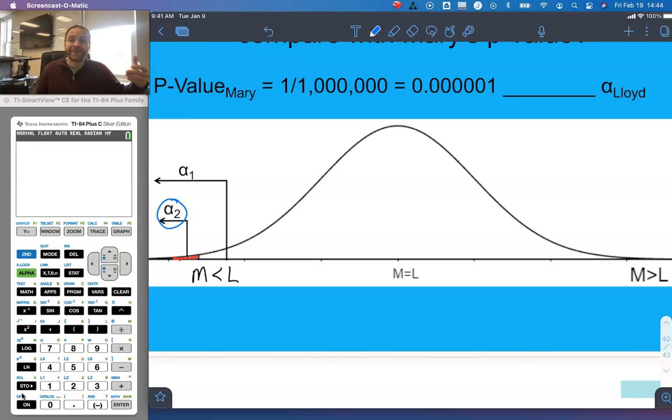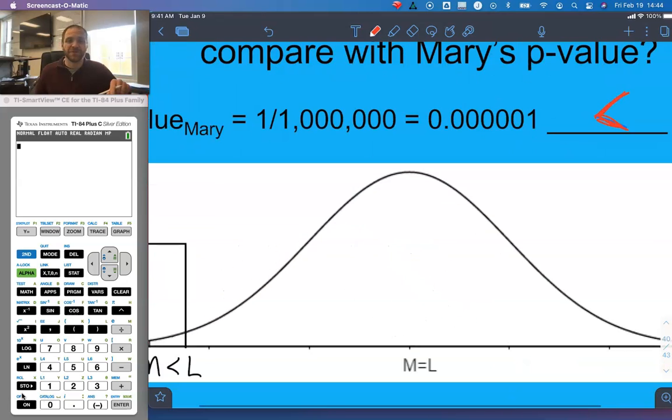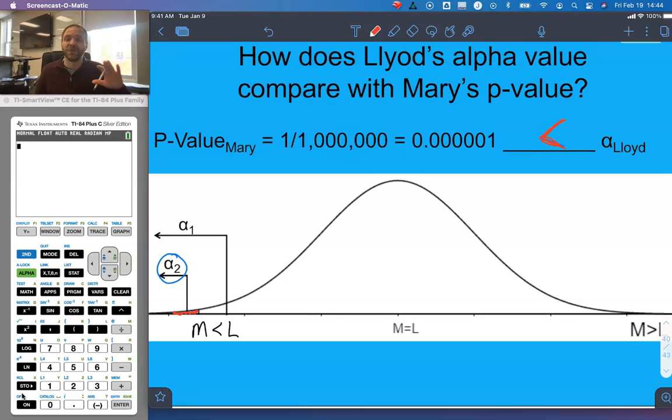So what happens here is Lloyd is saying his alpha level is actually smaller than what Mary said. Mary said, hey, there's a 1 in a million chance. Not good. But Lloyd's like, you know what? I'm just going to set my alpha level to be way smaller. And that way you could fail to reject me.